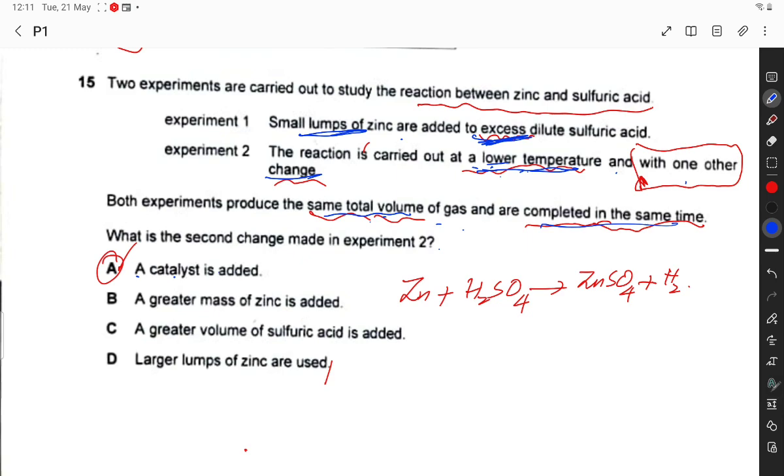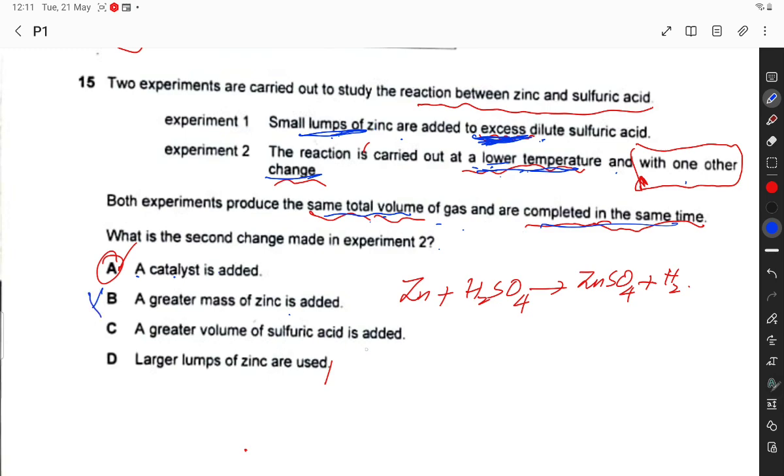A greater mass of zinc is added: since there is excess dilute sulfuric acid here, zinc is the limiting reactant, so when you increase the mass, more volume of gas is produced, so it is incorrect.